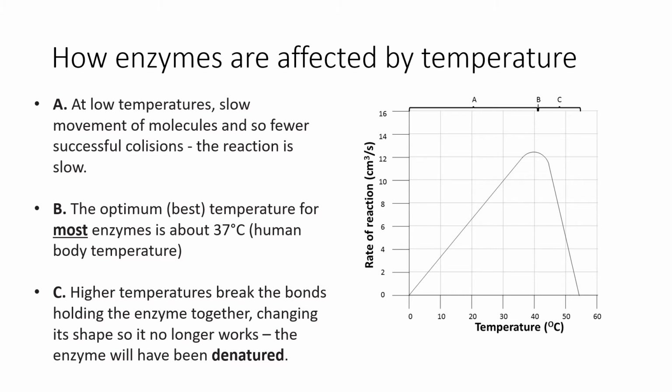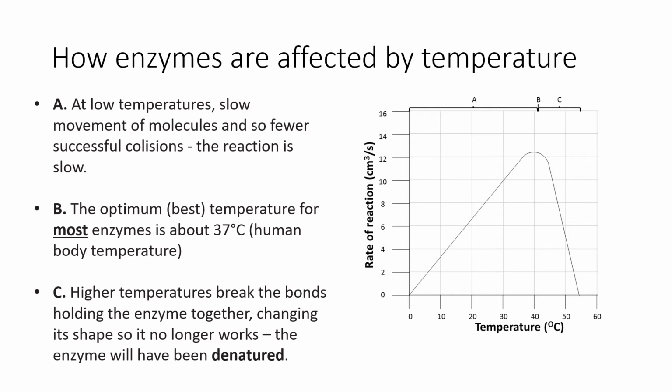For most enzymes, the optimum temperature is between 37 and 40 degrees, and this is because 37 degrees is human body temperature. There are other enzymes that do exist at higher and lower temperatures as their optimum, but for the most part you'll be dealing with, at GCSE, things in around 37 to 40 degrees Celsius. Remember, the word optimum is the best one to use, but if you're stuck in an exam and you said best temperature, you can get away with that, but you should be using the word optimum.